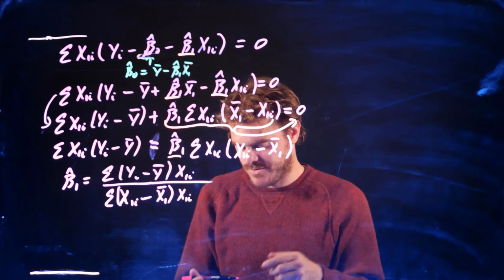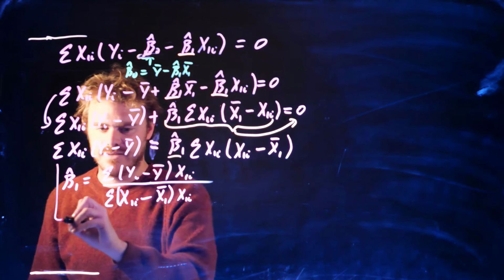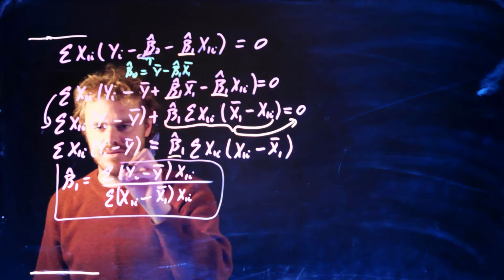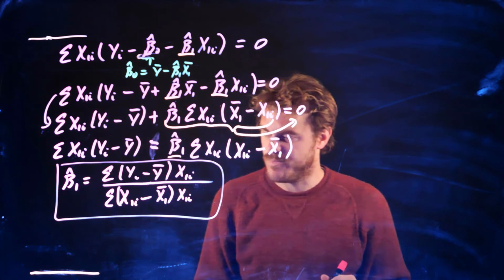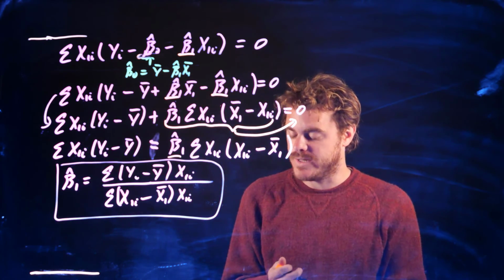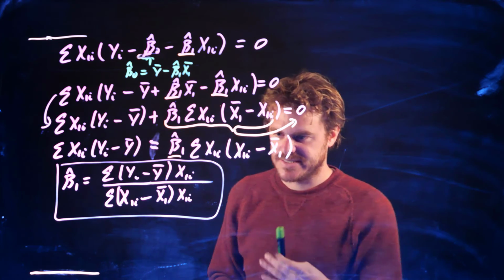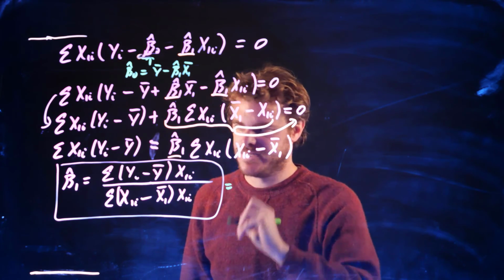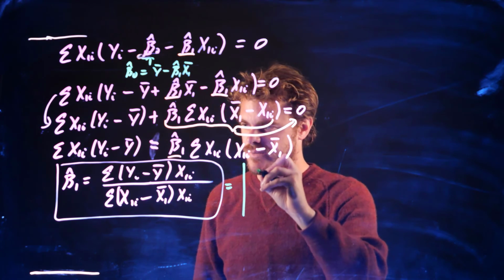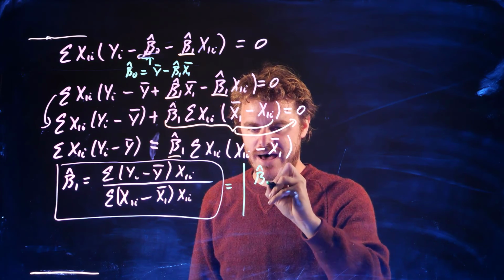But oftentimes, that's perfectly fine. This is one way of expressing the slope parameter, or the slope estimator for our OLS. But a lot of times you're going to see it written a little bit differently, and mathematically it's equivalent.